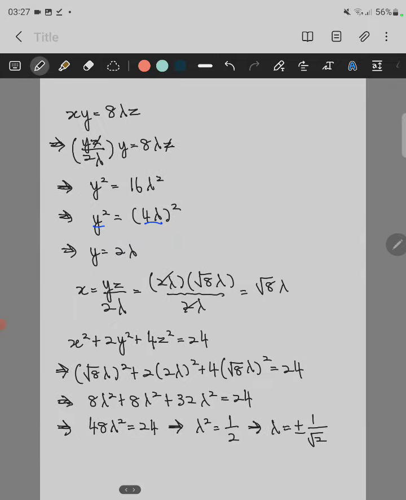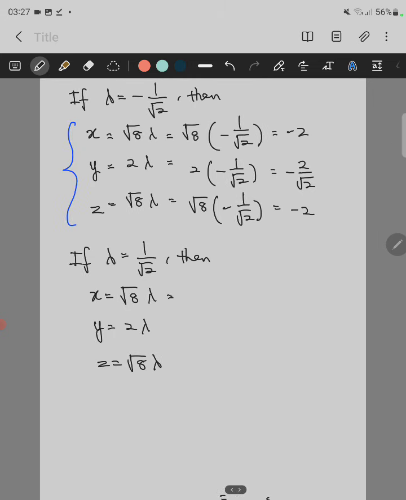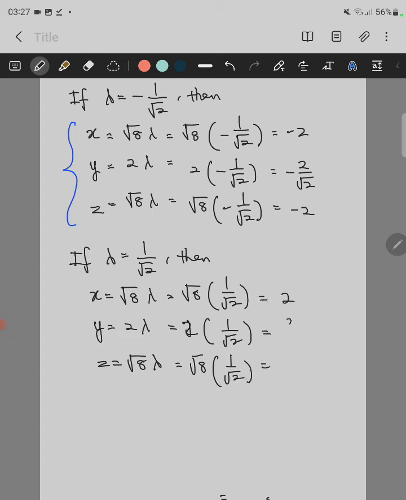From here, x is square root of 8 times 1 over square root of 2, so this will be equal to 2. y will be 2 over square root of 2, and z will be 2.